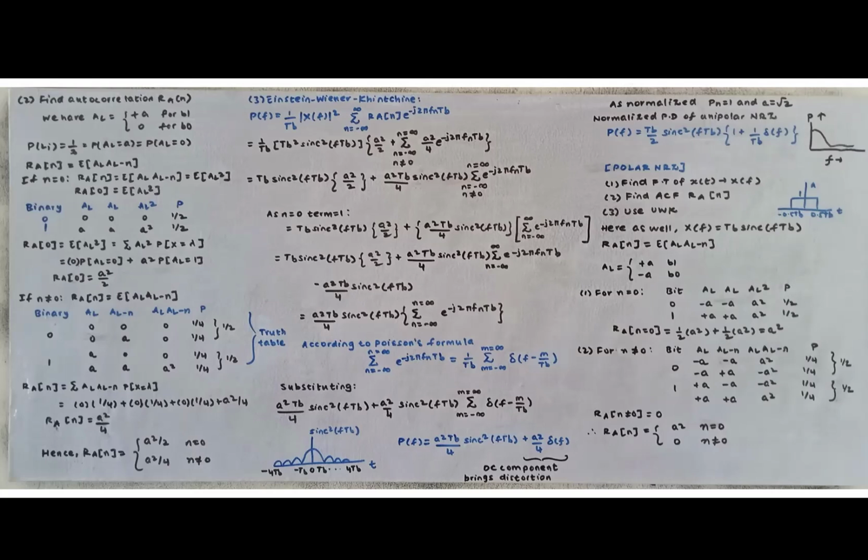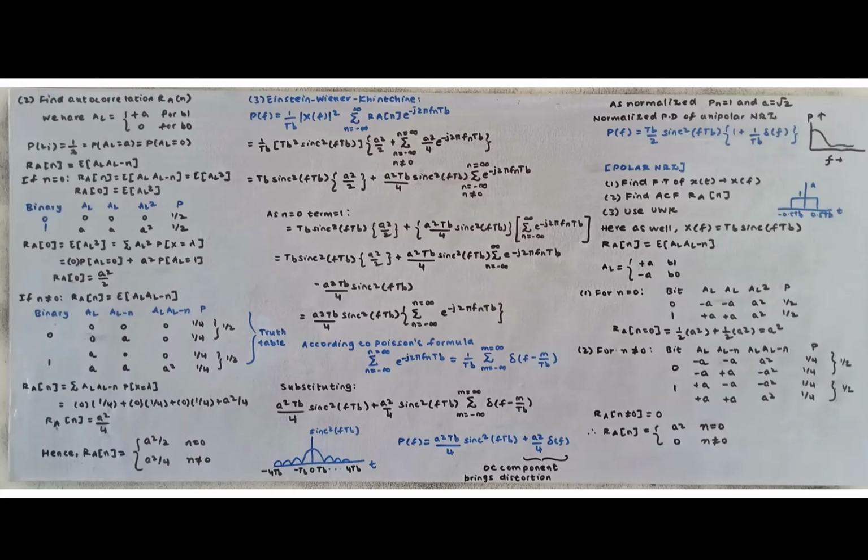So that's your table. And then eventually what you have to do is sum the products of A_l squared and the probabilities. So here it would be 0 times 1 by 2 plus A squared times 1 by 2. Like this looks annoying at first, but trust me, once you get through all these derivations, they'll get very simple and probably monotonous as well. So your R_A(0) is A squared divided by 2.